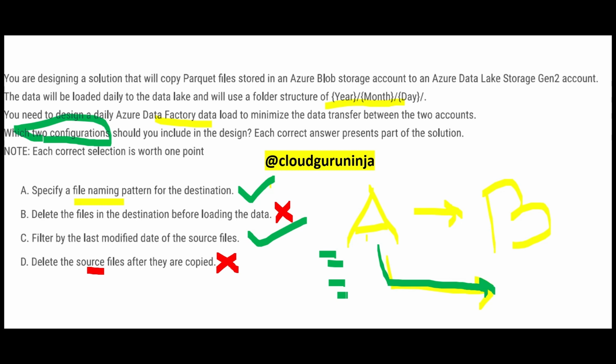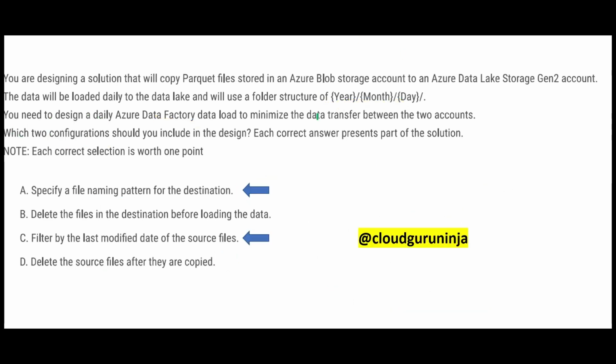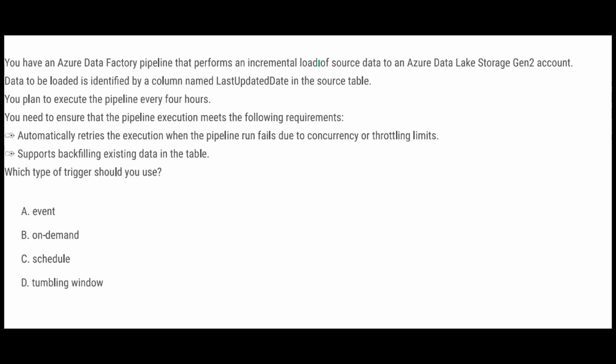Whatever is the latest modified date, I'll pick that file. The latest file will move there. Simple. So these are our logical answers. If I have to recap this, delete is not an option on the source side or the target side. Do not delete, boss. Simple.